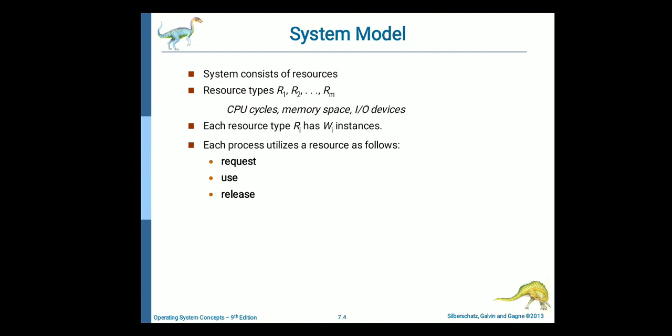A process can send a request for accessing the resources, use the resources, and release them to another process. We are talking about this kind of system model. So in this scenario, we will face the problem of deadlock.